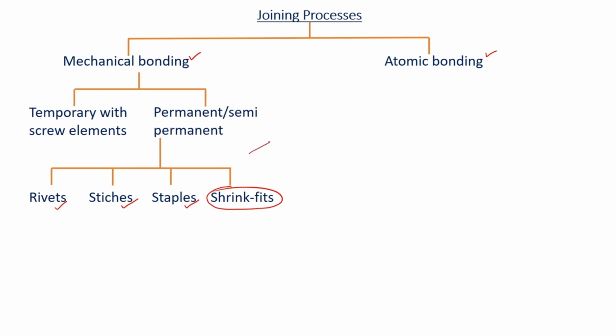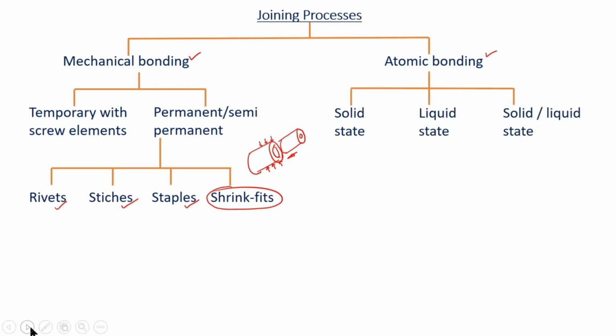For example, if you want to fasten mechanically two tubes, where the diameter of one tube is larger than the other tube, we can insert the smaller diameter tube inside the larger diameter tube, and then we apply an external force on the overlap region of the outer tube with the smaller tube. Due to application of the force, we can have the shrink fit permanent joint.